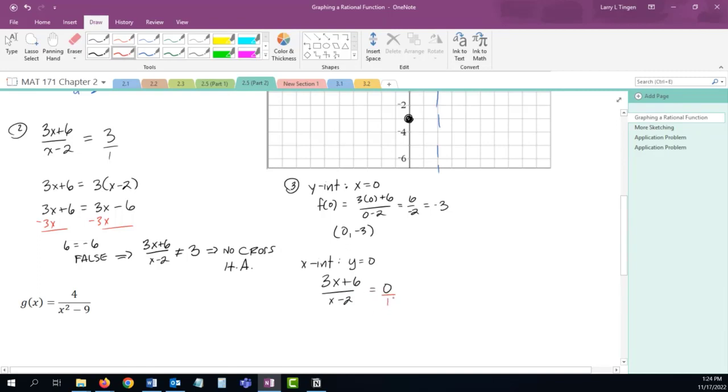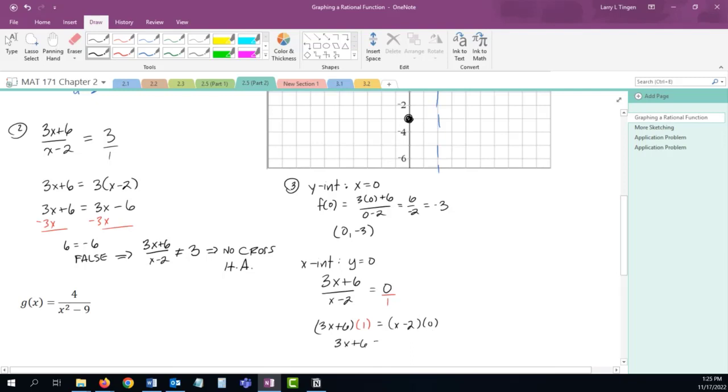I still have my ratios on both sides. I got the rational expression and ratio over here. If two fractions are equal, then that means their cross products must be equal. So that means 3x plus 6 times 1 must equal x minus 2 times 0. See how that cross multiplies? So on the right, x minus 2 times 0 is just 0.